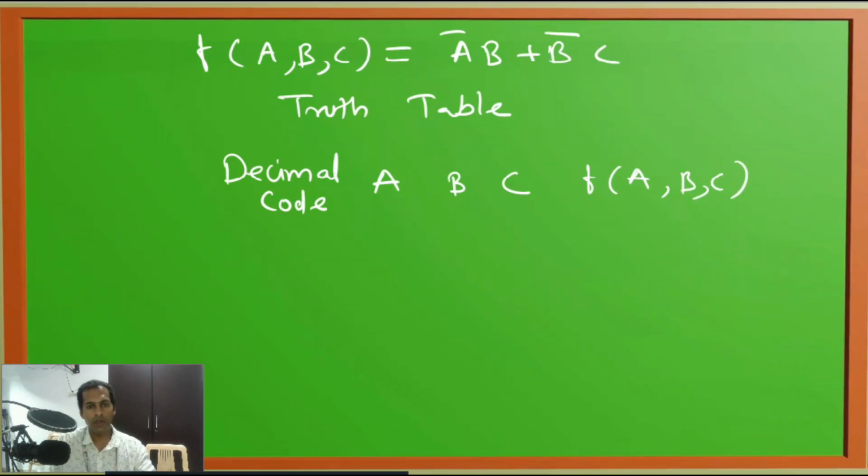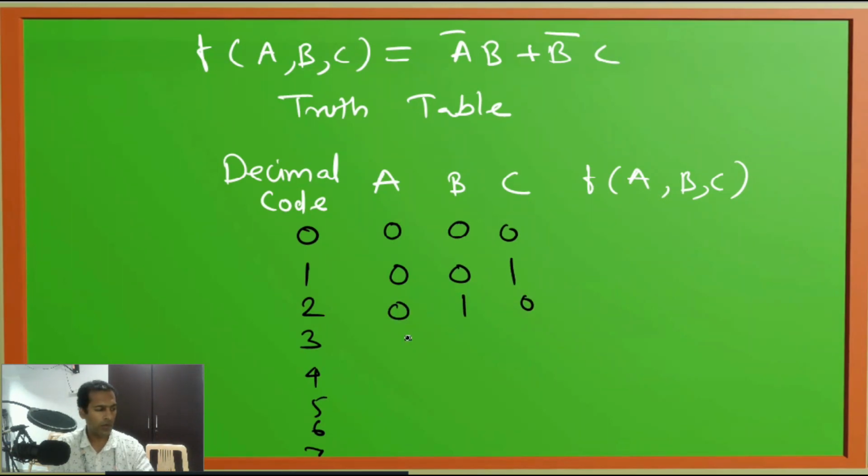So we can list out the decimal code from 0, 1, 2, 3, 4, 5, 6, 7. So all possible three inputs, how we list out? 0 0 0, then 0 0 1, 0 1 0, 0 1 1, then 1 0 0, 1 0 1, then 1 1 0, then 1 1 1.